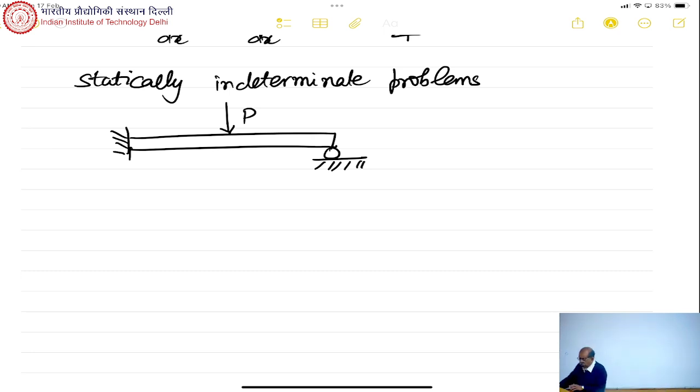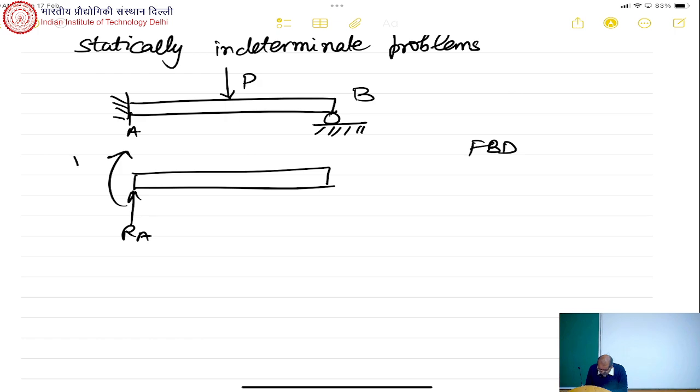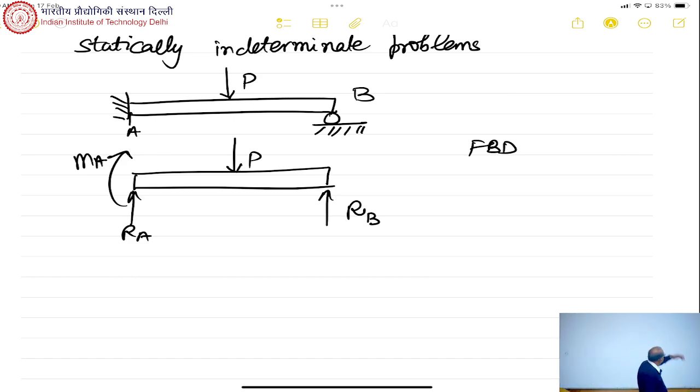Because when I solve this, you draw the free body diagram, you will have RA, MA, P, RB. So clearly, this is a statically indeterminate problem.